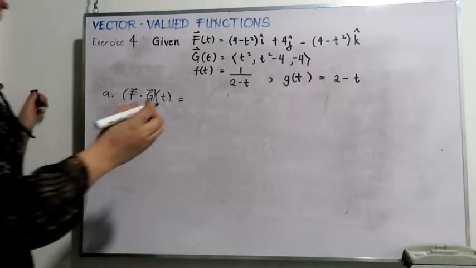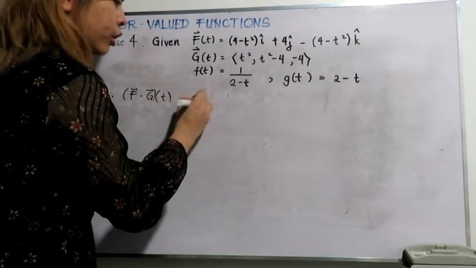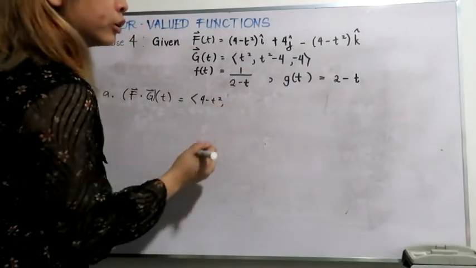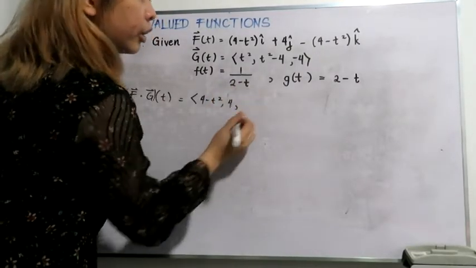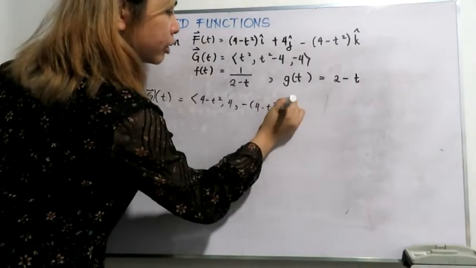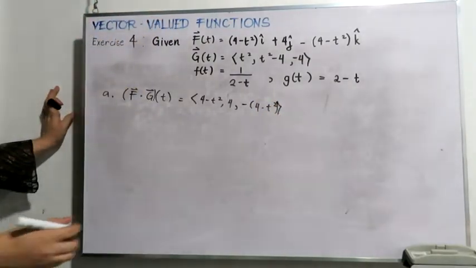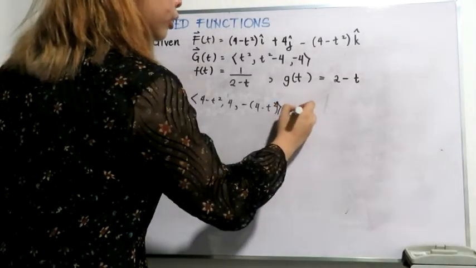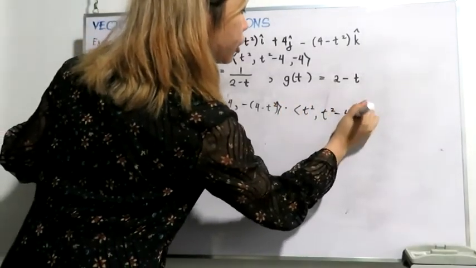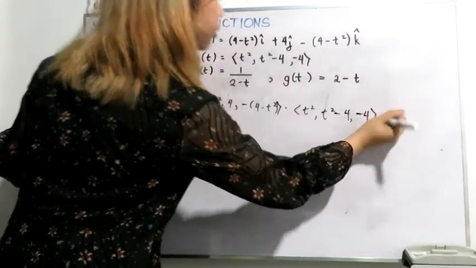So we will be taking the dot product of 4 minus t squared, 4, negative 4 minus t squared, and t squared minus 4, negative 4.